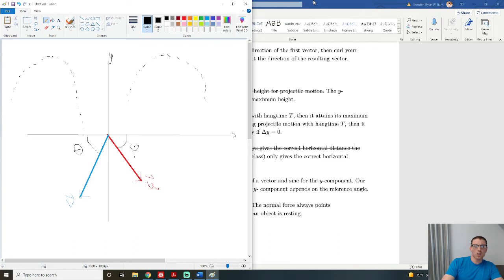And so the thing is, just remember that there are lots of nice things that happen when we have objects undergoing projectile motion and starting and landing at the same height, and that things aren't so simple when the object lands at a different height than the height from which it starts, right?